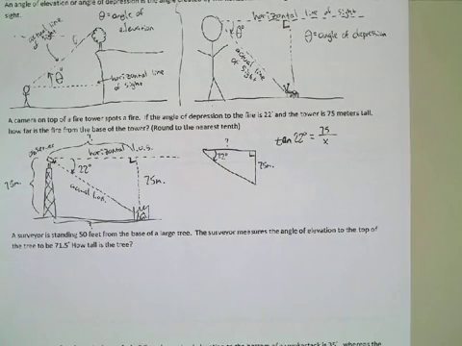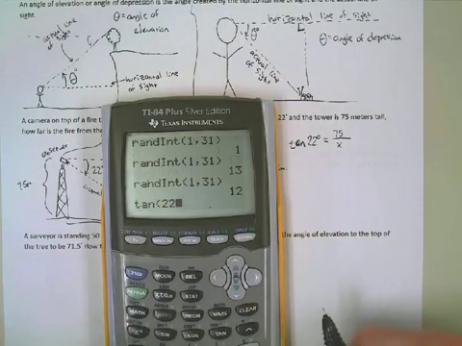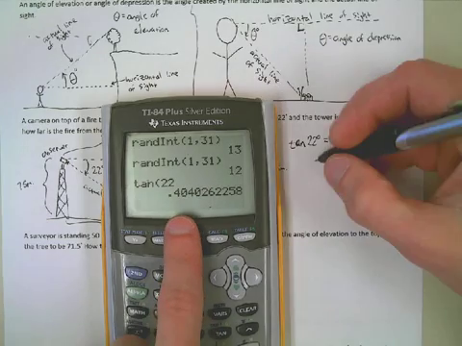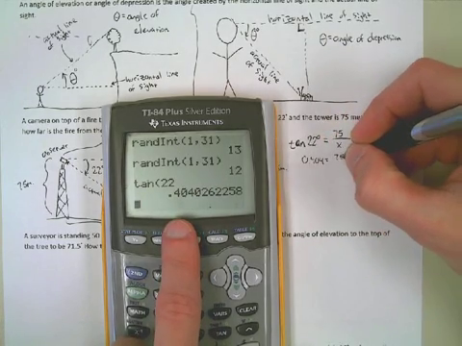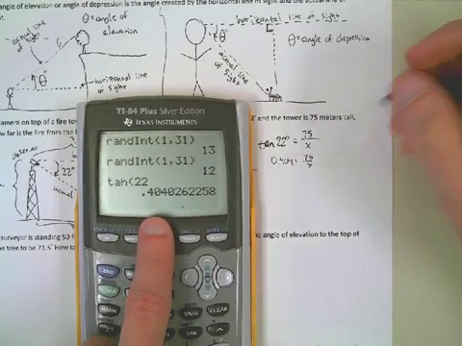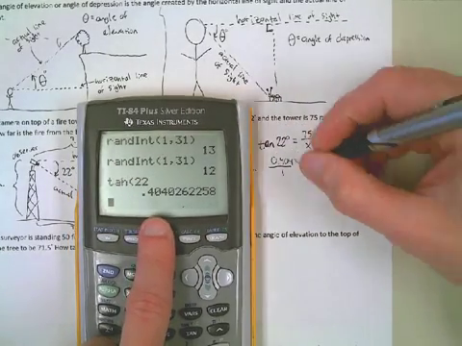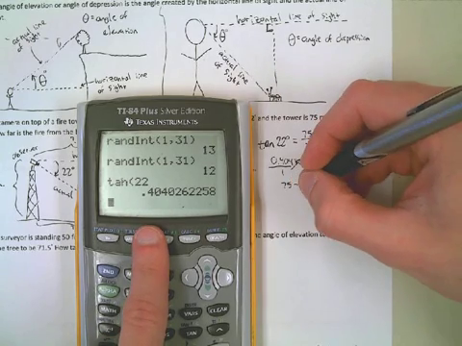All right, so now we can go to our calculators, and we'll type in tangent of 22. We get about 0.404, which is equal to 75 over x. We put that over 1, and we cross multiply here. So 75 times 1 is 75. 0.404 times x is 0.404x.